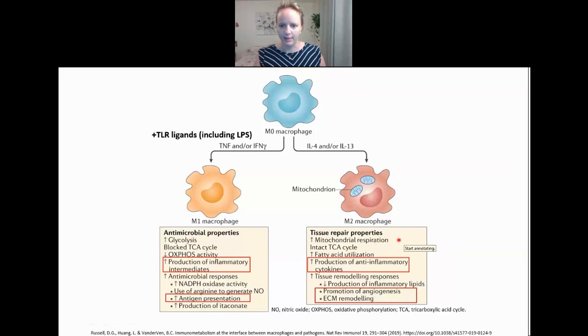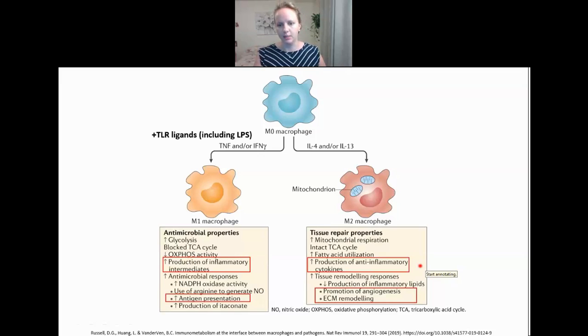It has a higher metabolic output and uses a different metabolic pathway to the M1. It doesn't generate inflammatory intracellular reactive oxygen species.